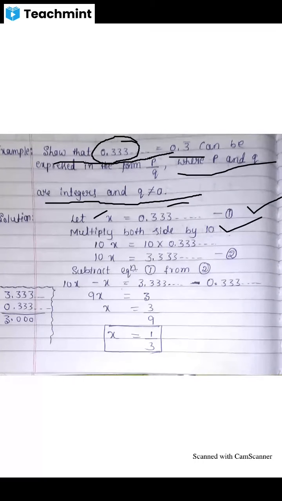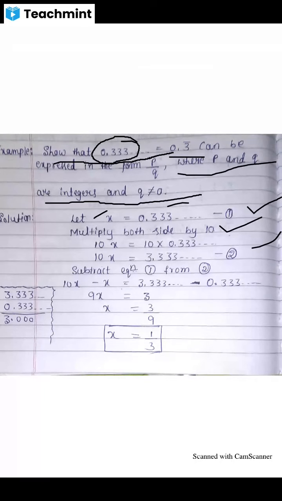Very simple actually. In 10 into 0.333, the decimal point jumps one place, so 0.333 and so on becomes 3.333 after multiplying by 10. So 10x is equal to 3.333 and so on up to infinity. Call this equation number 2.